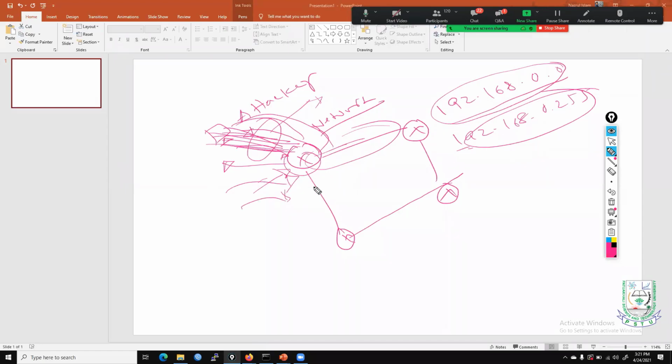Let's say this is your whole network, and it's sending a request to your broadcast address. If the network has 254 devices, the request goes to all 254, and the devices must respond if they are available.